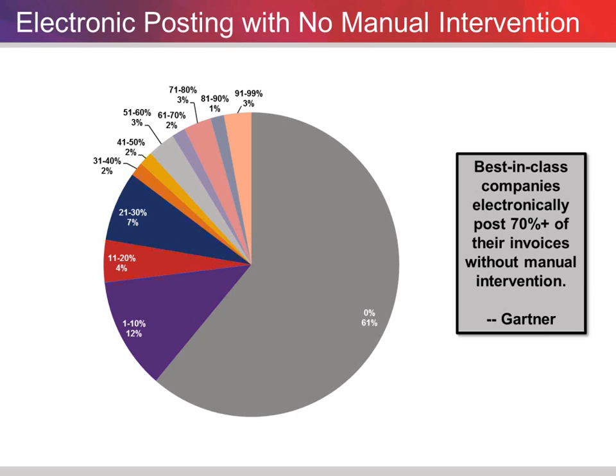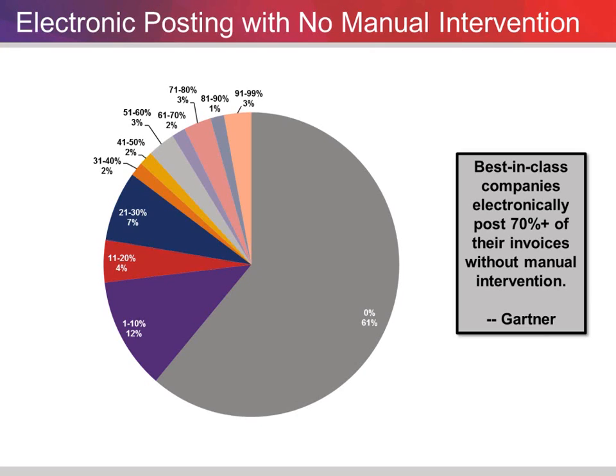Of course, this reflects the high number of organizations that are saddled with paper. And when you think that best-in-class companies are electronically posting 70% or more of their invoices without manual intervention, you see that it is imperative that organizations figure out a way to move closer and closer to a paper-free environment.